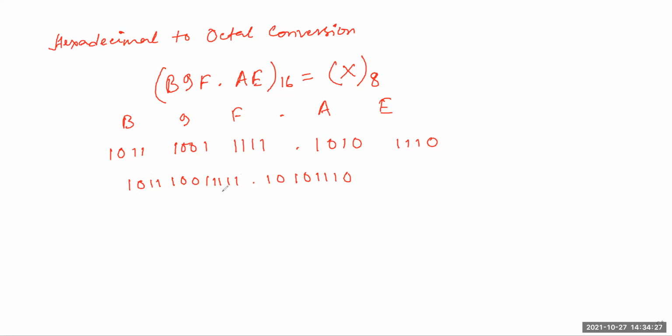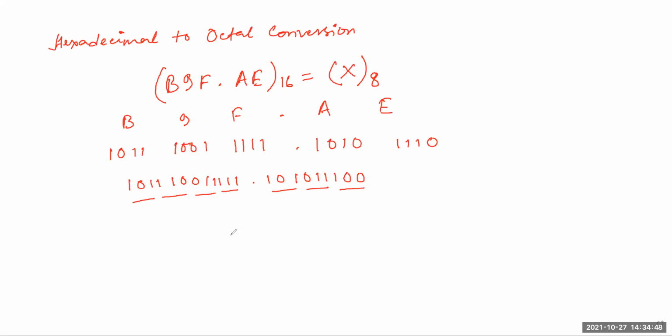So this is 3-bit, this is 3-bit, this is 3-bit, and this is 3-bit. And here the last group has only 2 bits, so I am adding a 0 on the right-hand side.